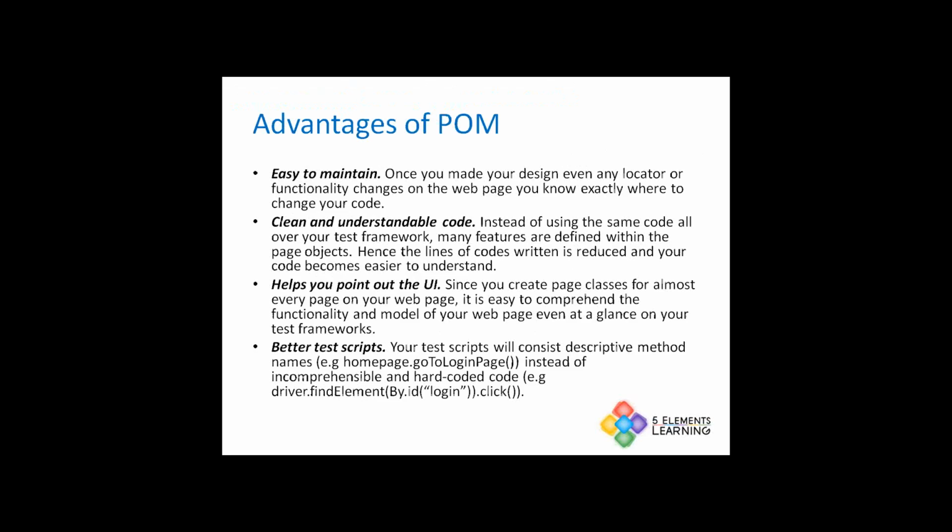The benefit which we get by using the page object model is that the code becomes easier to maintain, because the locator functionality is available in one page, in one class, and if that locator information gets changed, we will have to make the change only at one location. We have clean and readable code.